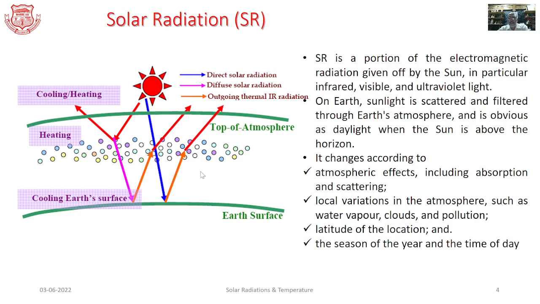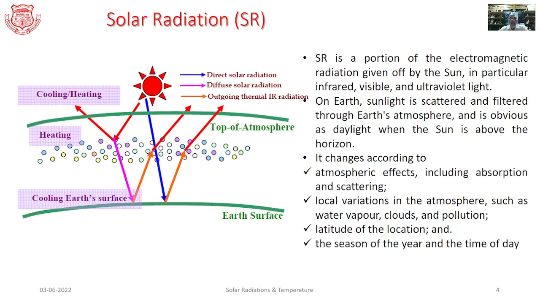As we consider the Earth's surface, the sunlight which is reaching the Earth's surface could be coming as direct solar radiations, the way it is shown here in the blue line, whereas it could be interacting with the various gas molecules and dust particles that are present in the upper layers, and accordingly as it gets filtered, it would be termed diffuse solar radiation.